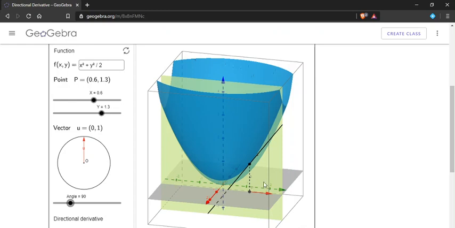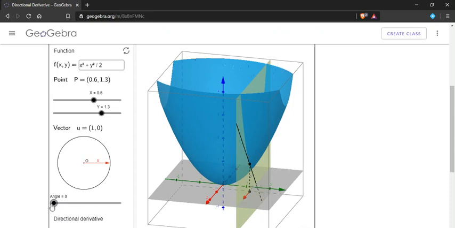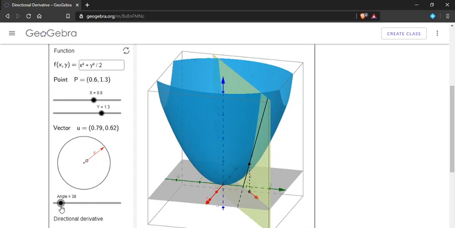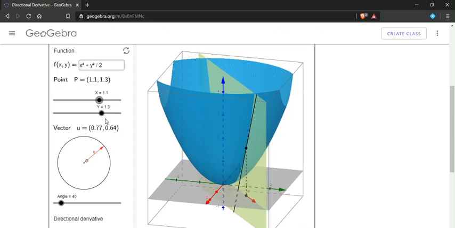Okay, so what we have done in the past is just to calculate these two partial derivatives across the x-axis and across the y-axis. But now, with the directional derivative, we can set any arbitrary angle like this, and you can have the value of the derivative for a point in that specific area on the top of the surface.